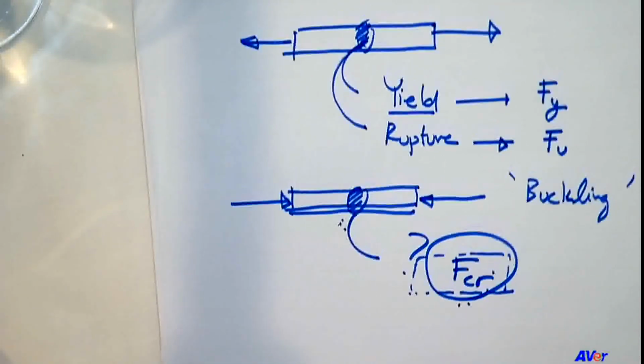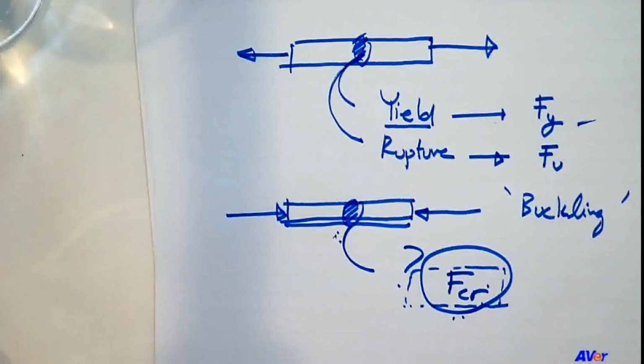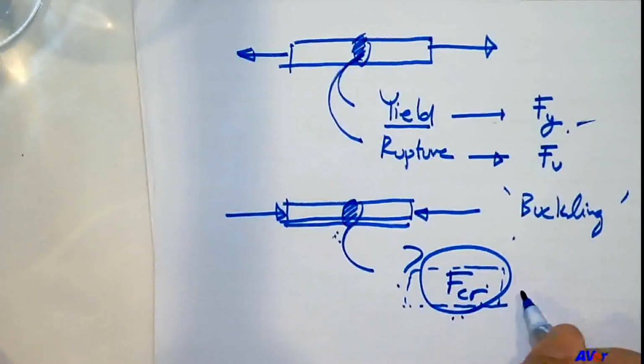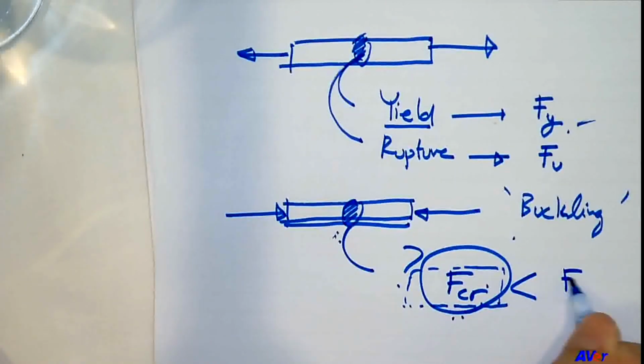When your structure is under tension, it's straightforward. It's going to go to the strength of your material. But when it is under compression, because of the stability problem, you will not get to this. So F critical is generally less than Fy.